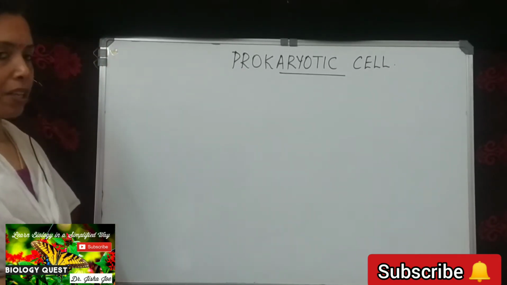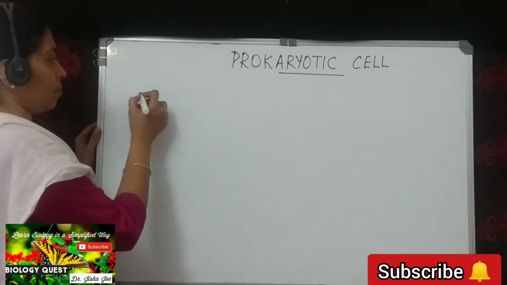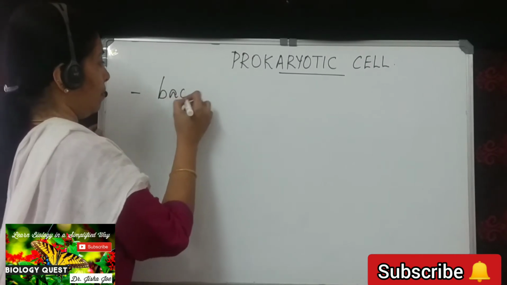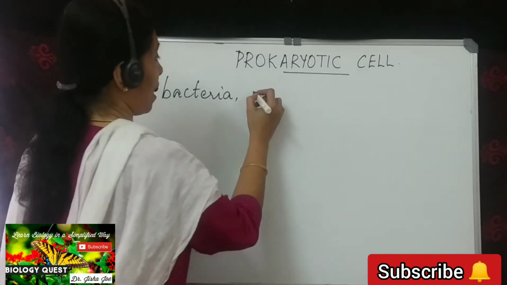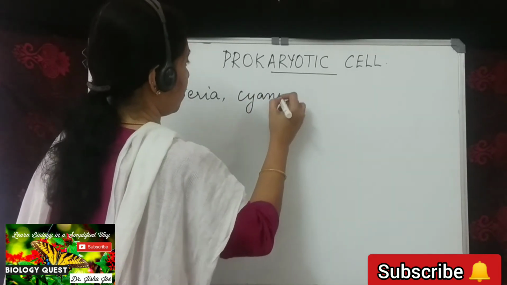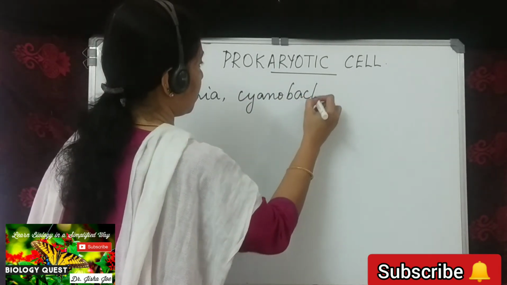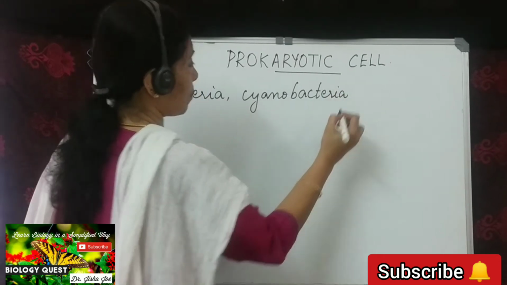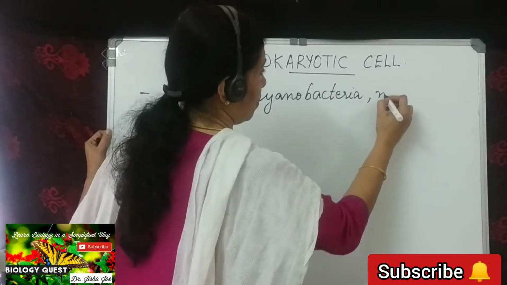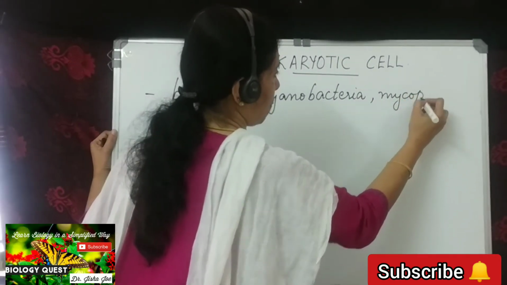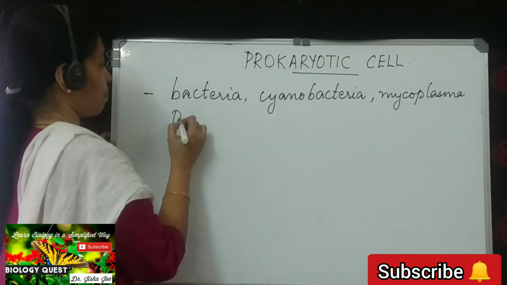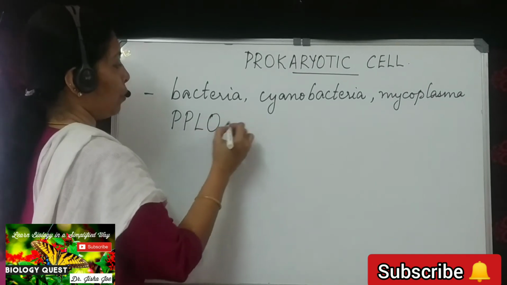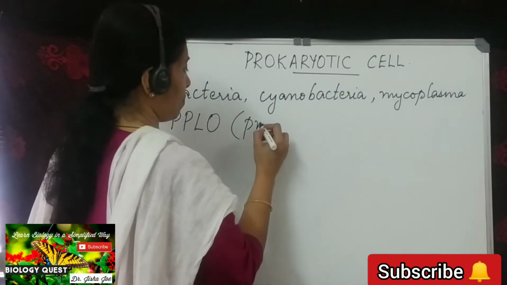So the prokaryotes include bacteria, blue-green algae or cyanobacteria, mycoplasma, and PPLO, pleuropneumonia-like organisms.